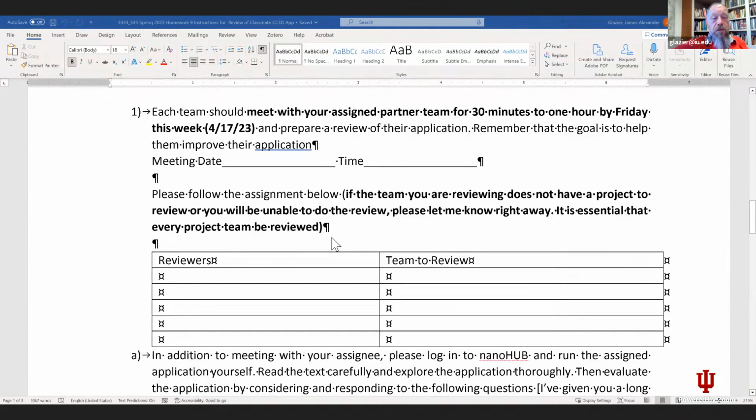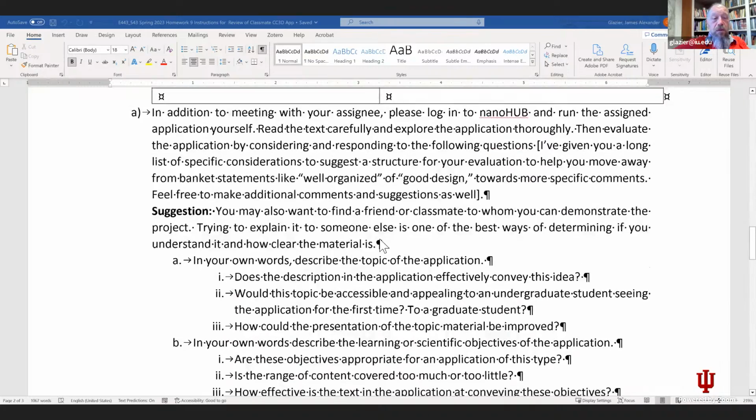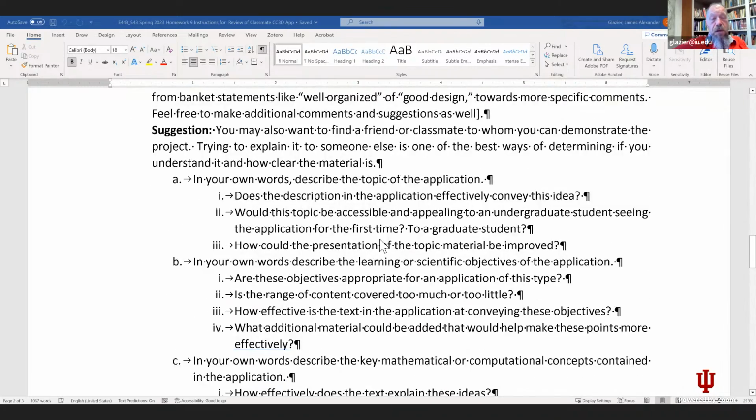When you do your review, you'll meet with your target team, and then you want to be able to first describe what you think the target team's application is, not using their words, but using yours, because you want to understand whether that information is conveyed successfully or not.